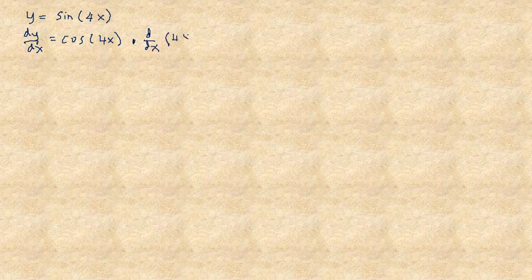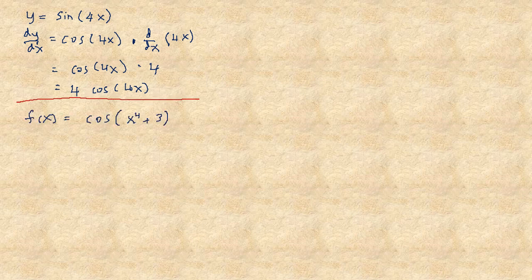Differentiate 4x. So we will get cos 4x multiplied by the derivative of 4x, which is 4. Or we can write it as 4 cos 4x.